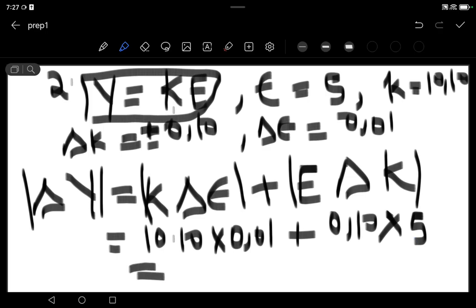When I calculated, I got 0.601. So when they say displacement, remember displacement is the first derivative. If they say velocity, we derivate twice, and if they say acceleration, we derivate three times. Are you following? Please repeat that.